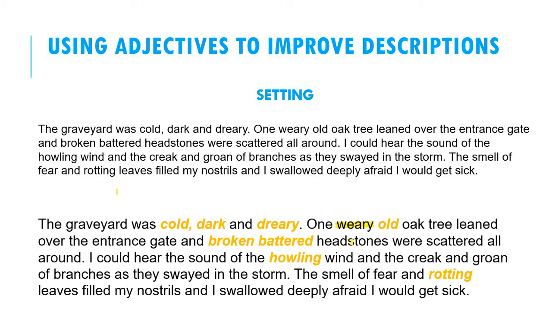And to add to that image of some place that is in disrepair, we see the entrance gate, we have the oak tree, but further on, the headstones were broken and battered. What does it mean when we say broken and battered? And this also creates a device. But what does it mean when we say broken and battered?